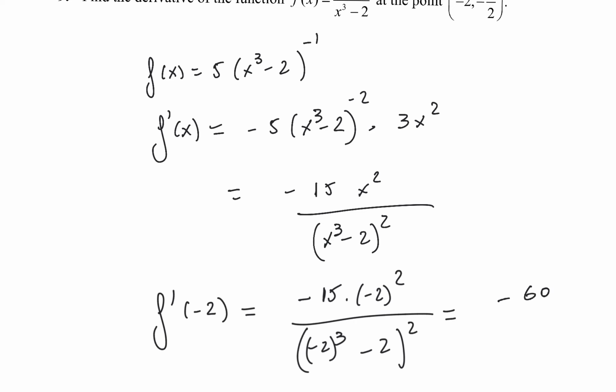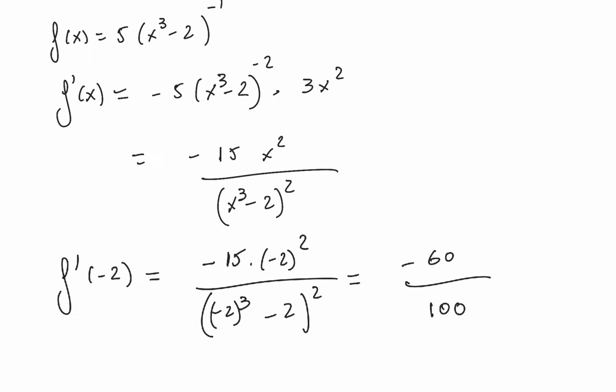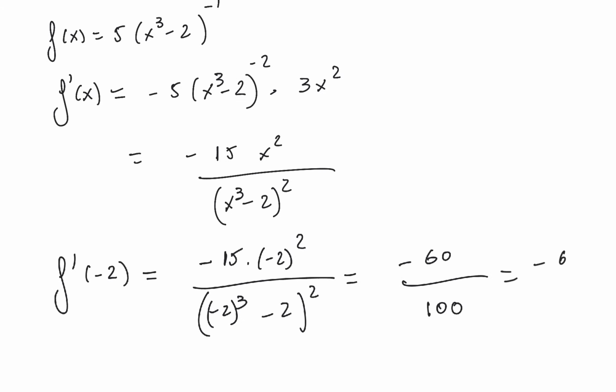And in the denominator will be minus 2 cubed is negative, and is minus 8. Minus 8 minus 2 is minus 10. Minus 10 squared is 100, positive. So this will be minus 60 divided by 100. So this is the slope at the point, or if you prefer, minus 3/5. This is the slope at the point x equal minus 2, and the problem is solved.